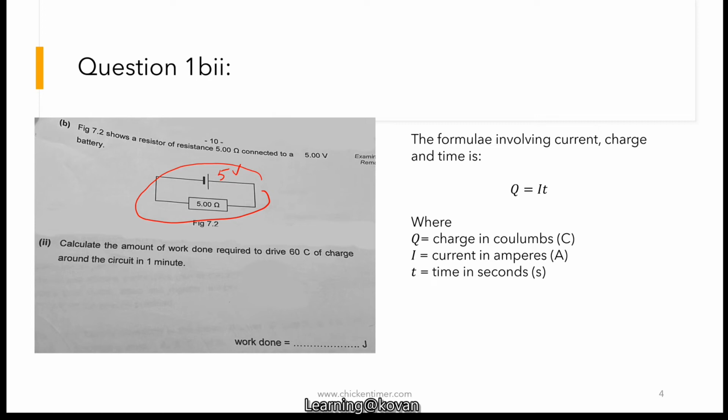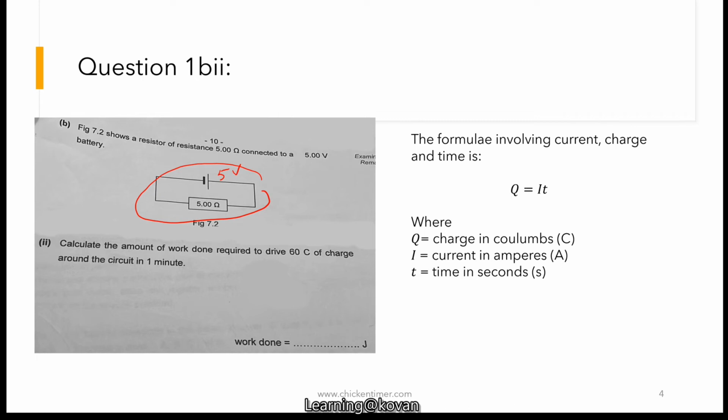So I'll write down. Okay, so because the question has charge, it has work done, it has time, etc. So then I would need to, in my head, pull out all the formulas that have charge and then probably work done.